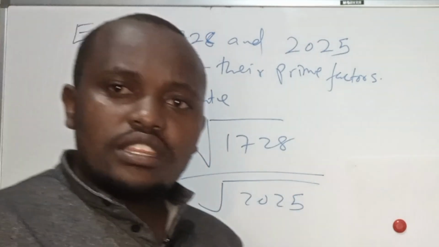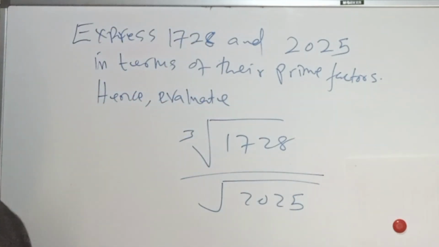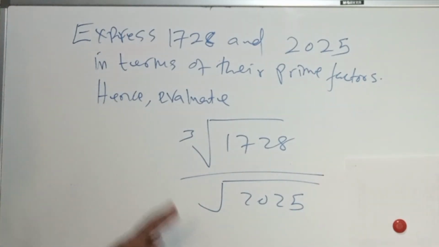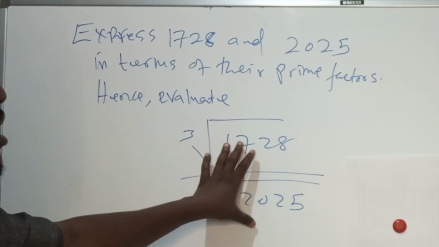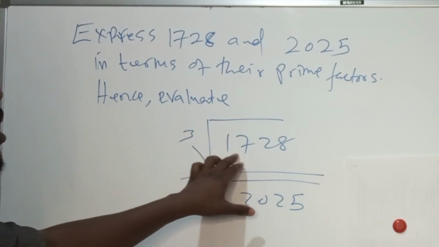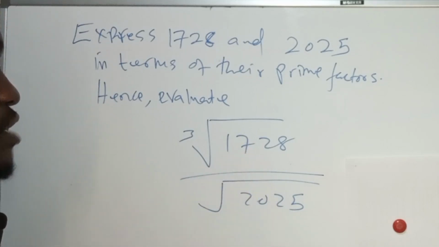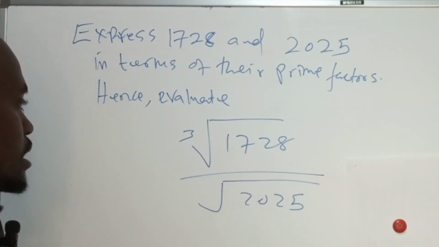Now, when you see such a question, what rings in your mind is you're not supposed to use a calculator at this point, and you are needed to express this as prime factors. There is an answer for this and for this. That is why it is 4 marks.